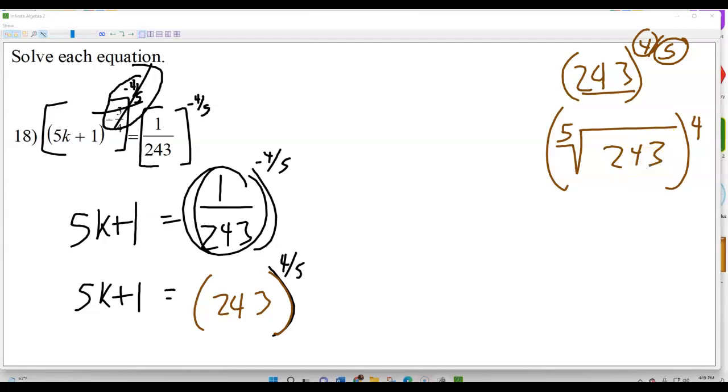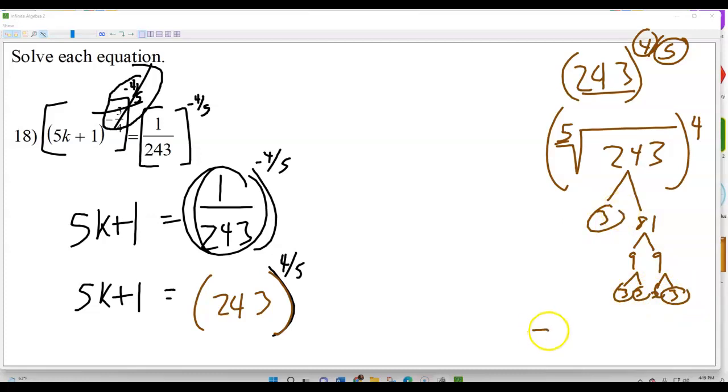In other words, what number multiplied by itself 5 times gives me 243? Well, it turns out there's actually a pretty nice answer for that, but I'll still show my work. 243 can be divided by 3. It goes in there 81 times. 81 is 9 times 9, and each of those are 3. So I've got 1, 2, 3, 4, 5 3s.